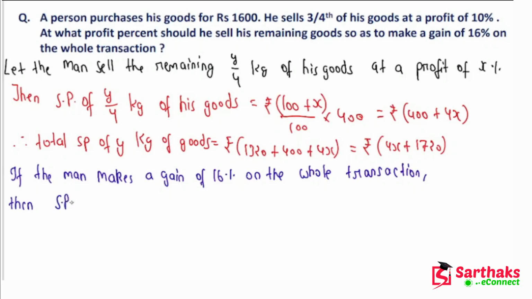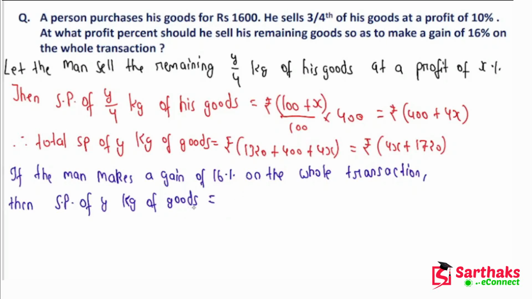then the selling price of y kg of goods is equal to, see, the man makes a gain of 16% on the whole transaction. According to the question, let us see what the selling price is. It would be the same, so we equate them.